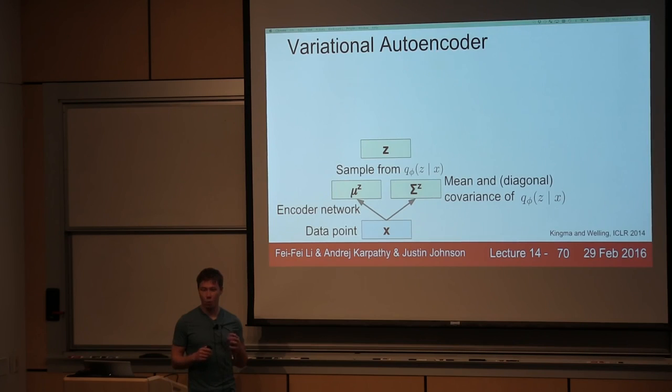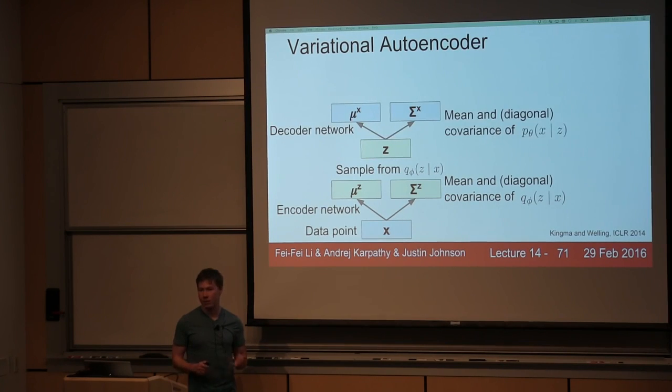Then once we have some concrete example of a latent state, we can pass it through this decoder network, which should then spit out the probability of the data again. And then once we have this distribution over the data, we could sample from it to actually get something that hopefully looks like the original data point. So this ends up looking very much like a normal autoencoder, where we're taking our input data, running it through this encoder to get some latent state, and passing it through this decoder to hopefully reconstruct the original data.